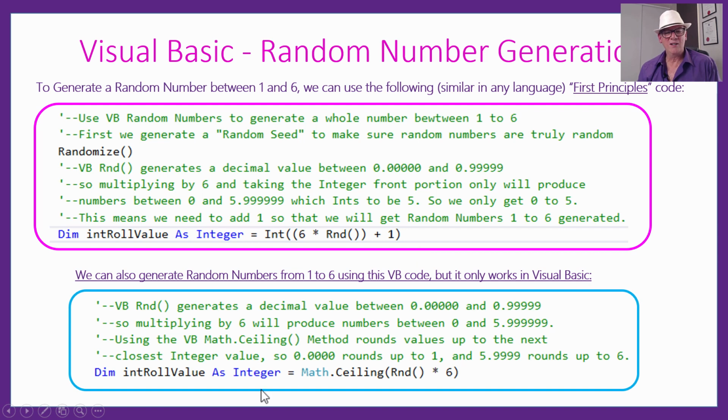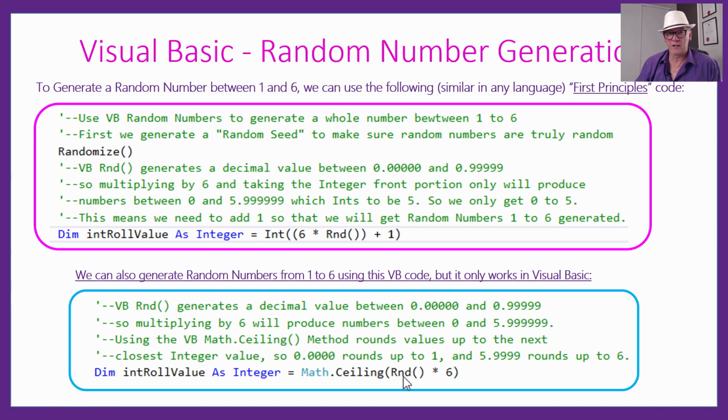This second one here is very Visual Basic specific. It only works in Visual Basic, but it's really cool. What this does is it uses this math.ceiling thing. And so we're multiplying by 6, and the trouble is that if we did 6 times 0, we'll get 0. But what math ceiling does is it takes it up to the next closest integer.